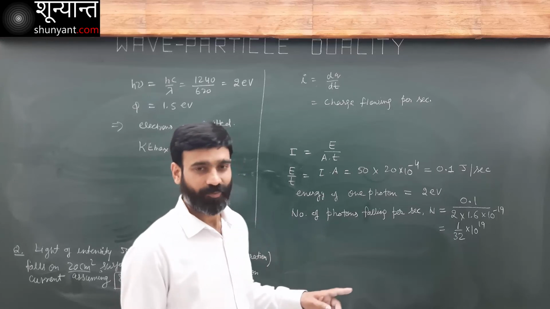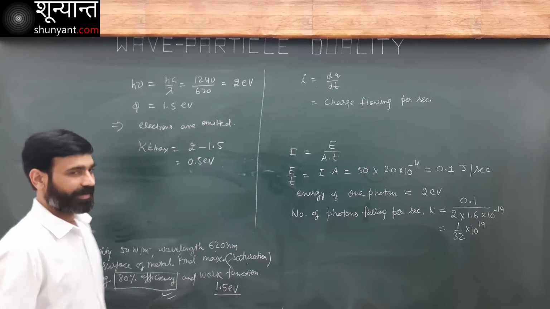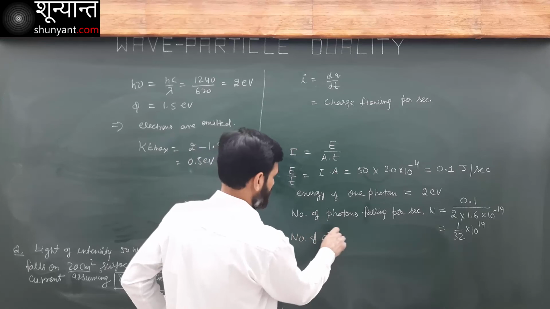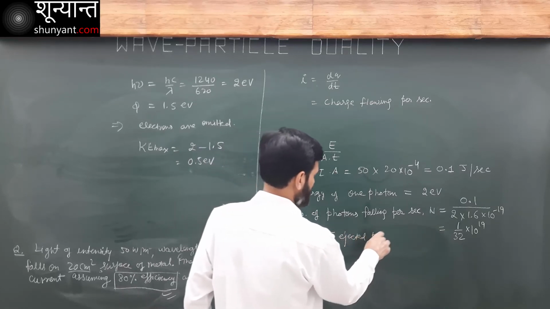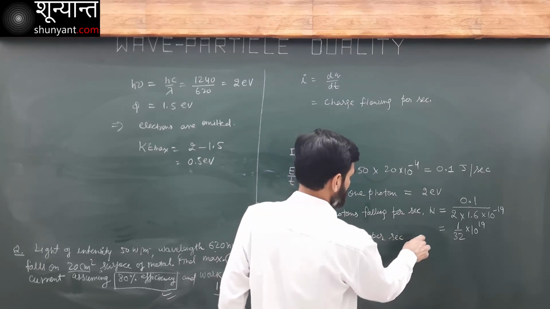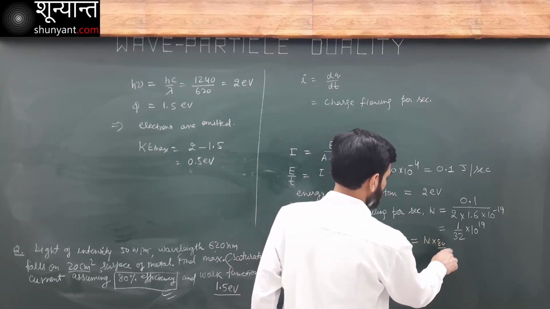Okay. And how many electrons are ejected? 80%. Number of electrons ejected per second. You see, per second. Okay. Per second is equal to n into 80 over 100.